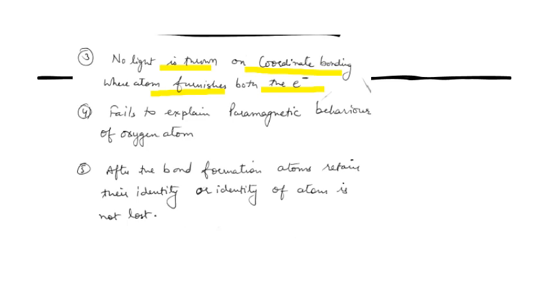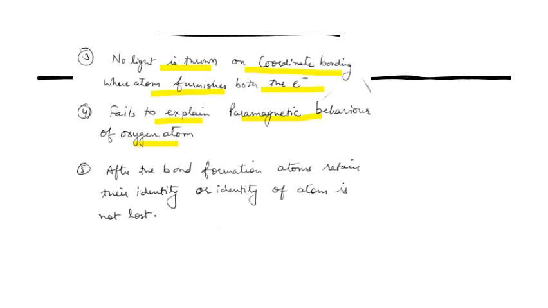Another important limitation comes up here. It failed to explain the paramagnetic behavior of oxygen. According to the VBT, the bond forms by overlapping, so why does oxygen show paramagnetic behavior if all the electrons get paired by sharing?